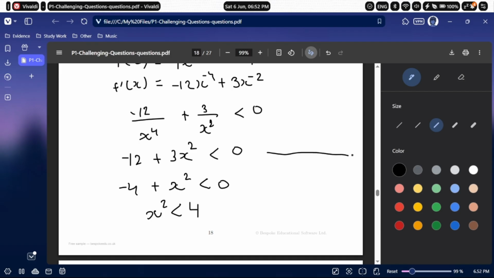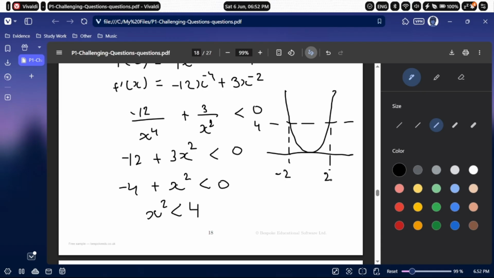If you just make a sign diagram, the two important points over here are 2 and minus 2, because that's when x squared would be 4. If you have your x squared graph over here, let's say you have 4 over here, and it has to be less than 4, so this is your acceptable region. So it can only be from -2 to 2.